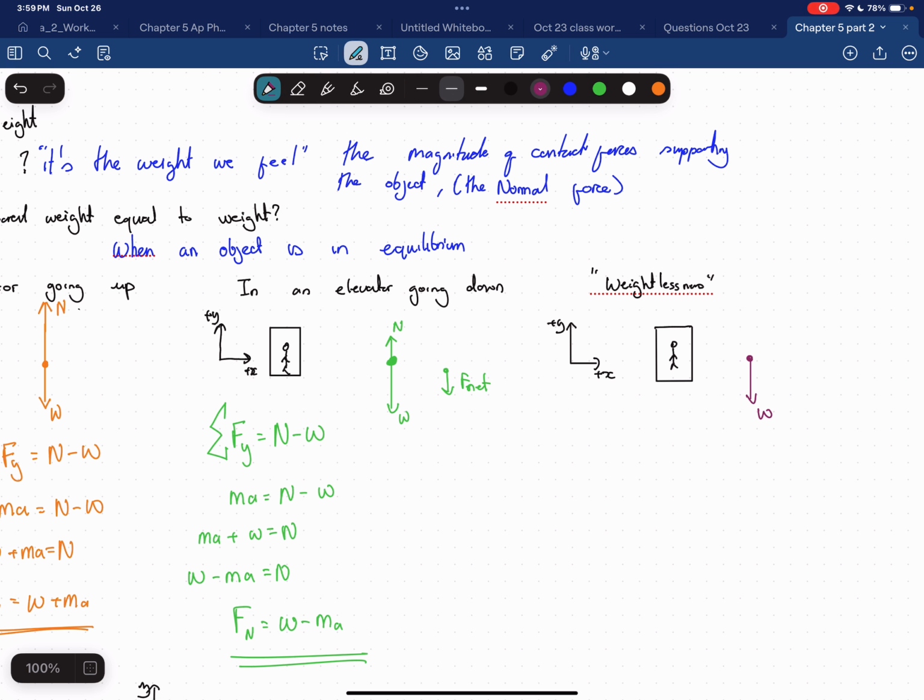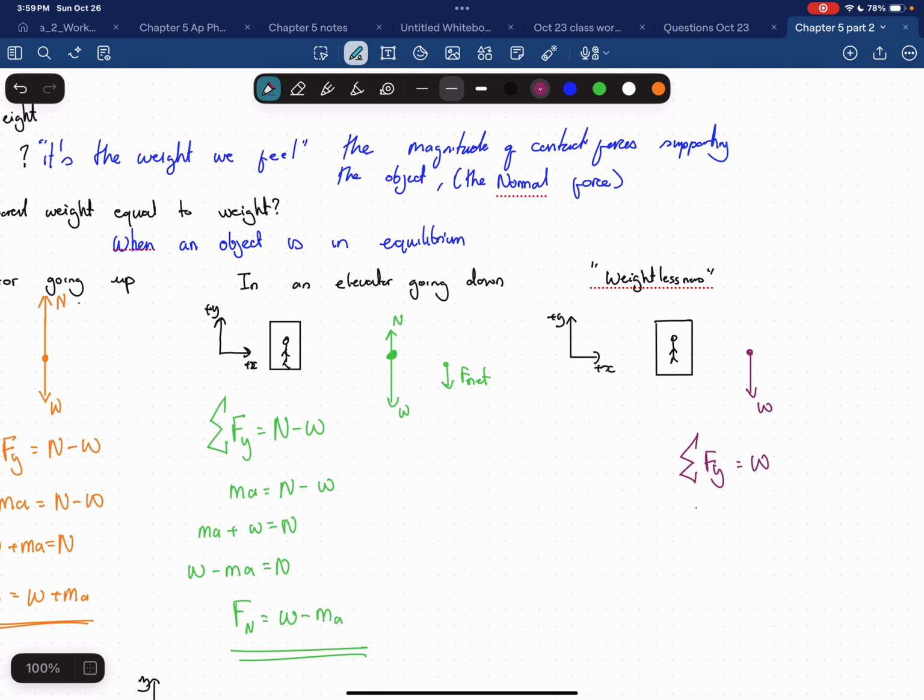Force in the y direction is just weight. Are we accelerating? Yes, we are. ma is going to be mg. Then what direction is our acceleration? It's down, so minus ma.